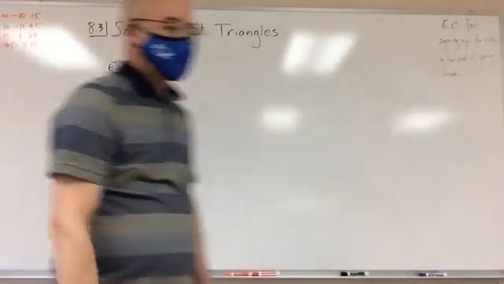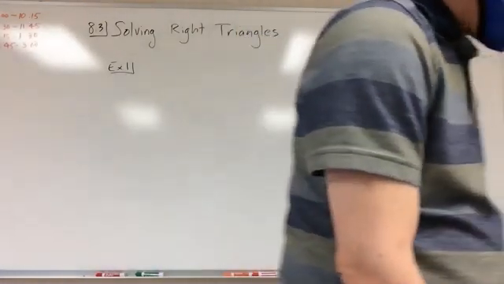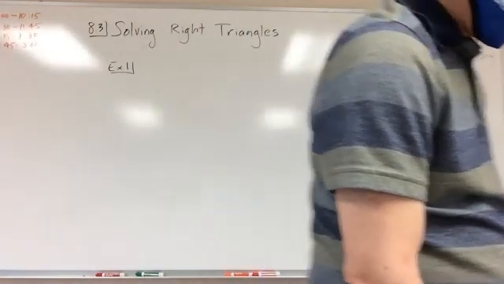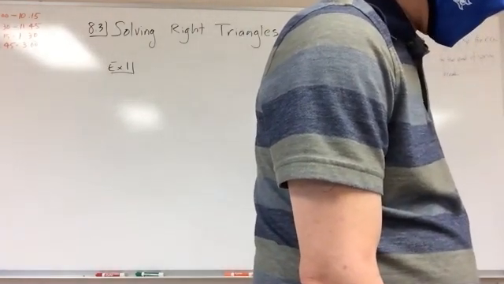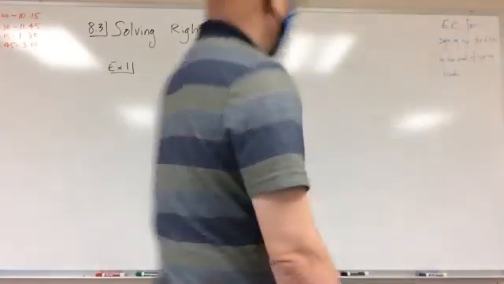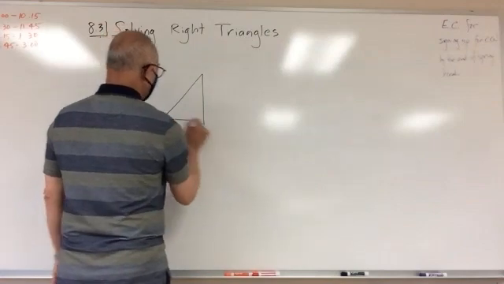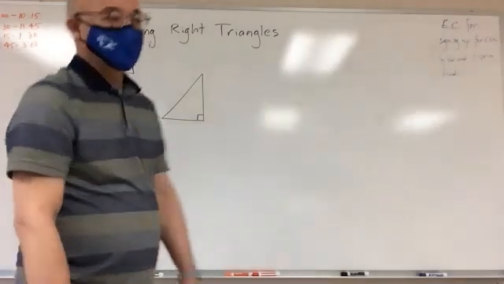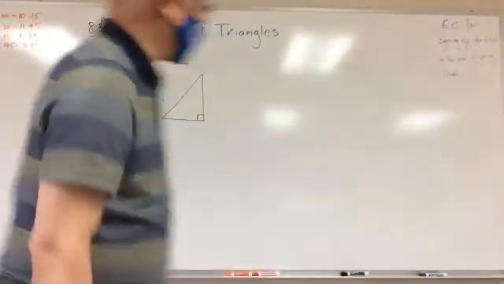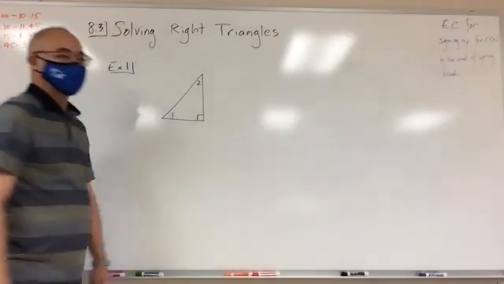Example number 1 says, use the trigonometric ratio cosine A is equal to 0.6 to determine which angle of the triangle is A. So really we have 2 choices here. Either A is going to be 1 or A is going to be 2.